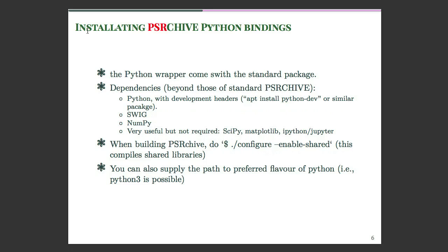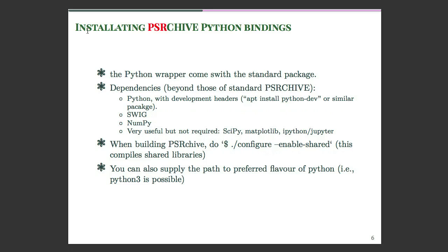But at the very first stage, you have to make a configure file, which is done by calling ./configure and then supplying a bunch of options. One of the most critical options there is you have to say --enable-shared. If you don't do that, Python bindings are not compiled, and you can't do import Psrchive. So you have to remember to do that at compile time, and then you're set.